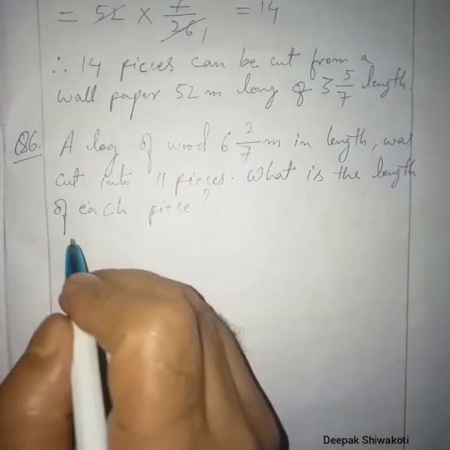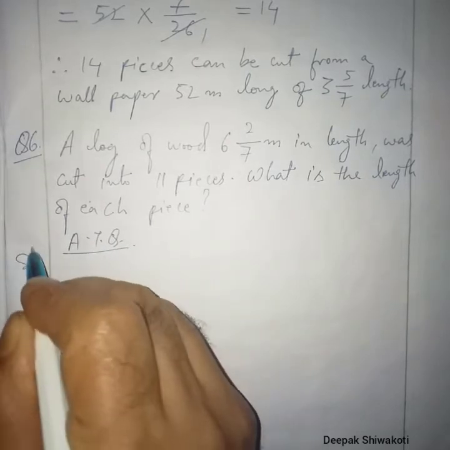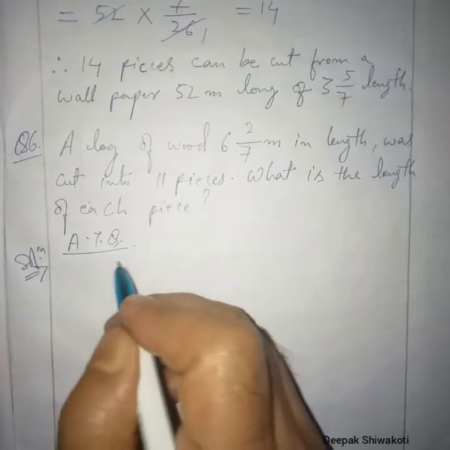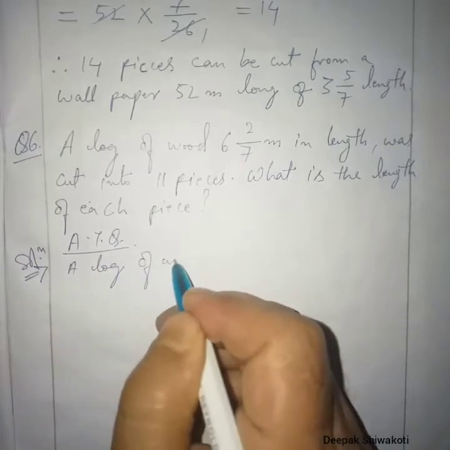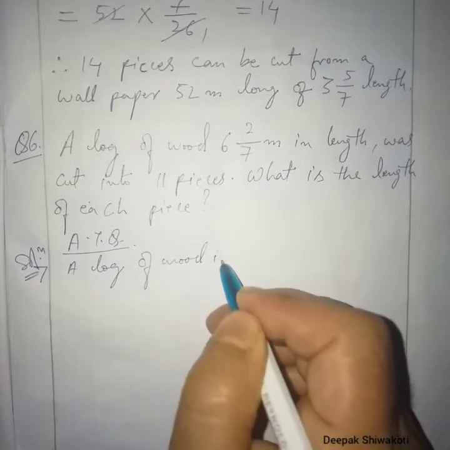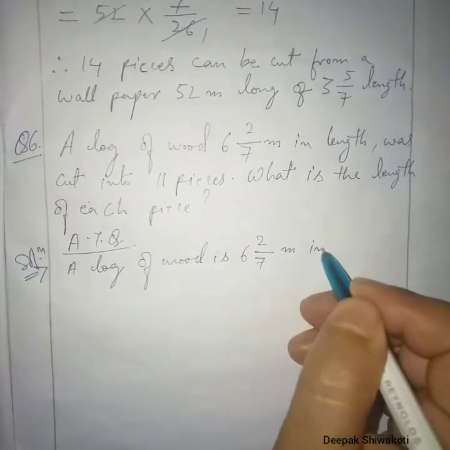So here, according to question, solution is a log of wood is 6 whole 2 by 7 meter in length.